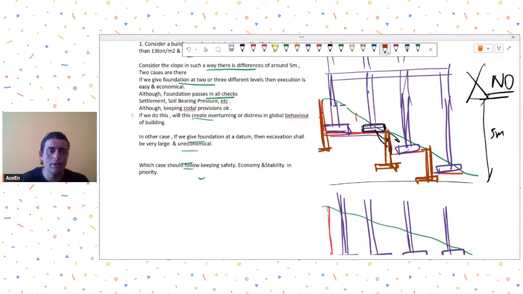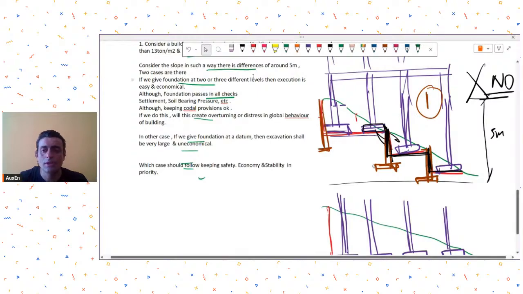So I think when you are saying that this first option is economical, I am assuming that you have not considered the requirement for these retaining walls that will be needed, because naturally this slope you cannot keep as a straight face. It will be not recommended, and you have to stabilize it using retaining walls.